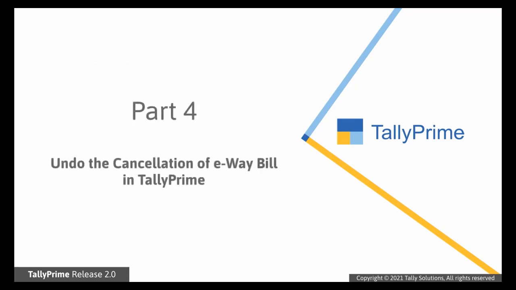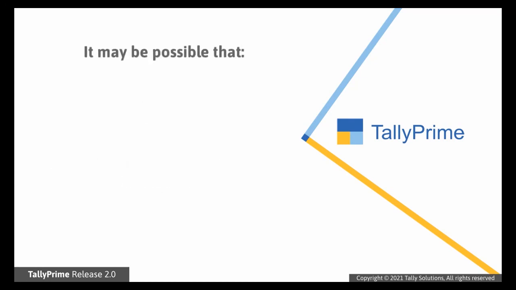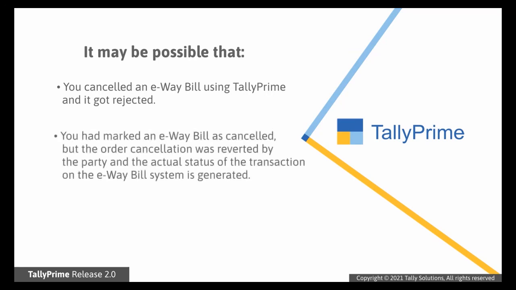Now, let's learn how to undo the cancellation of e-way bill in Tally Prime. It may be possible that you cancelled an e-way bill using Tally Prime and it got rejected. The transaction will be in Rejected by e-way bill system. You may also have marked the e-way bill as cancelled, but the cancellation was reverted and the actual status of e-way bill on the e-way bill system is generated.